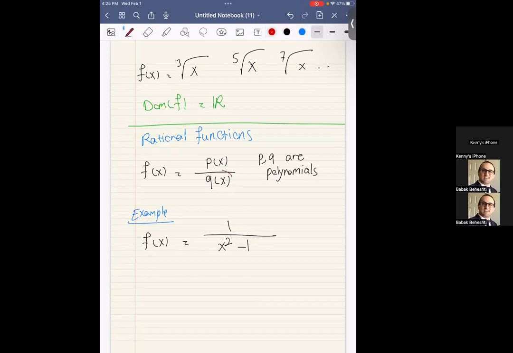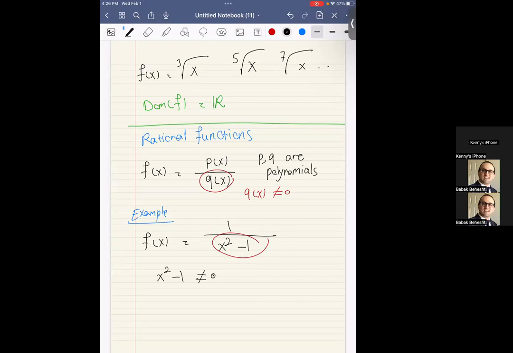So the restriction is that q of x shouldn't be equal to 0. For example, in this example, x squared minus 1 shouldn't be 0. Do you follow? Yes, I follow.